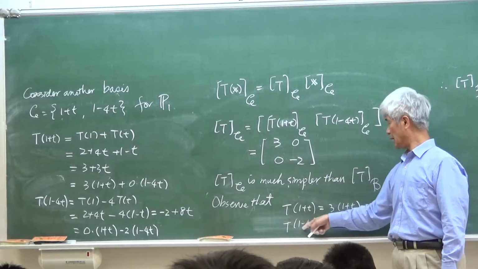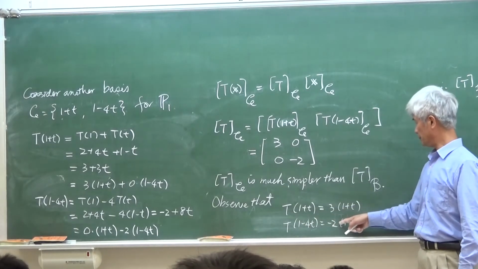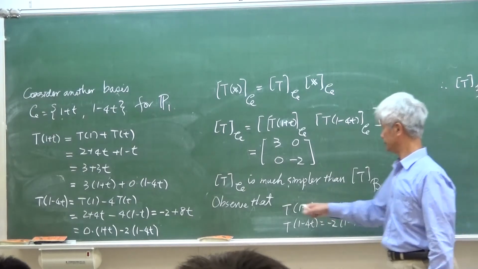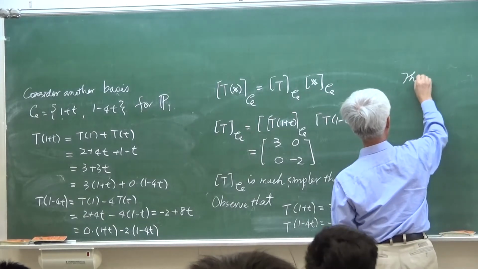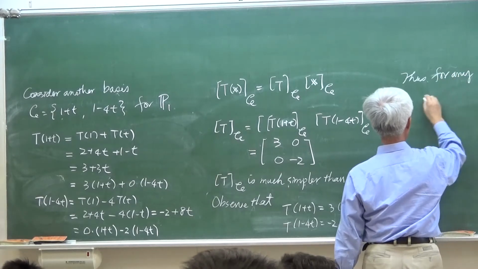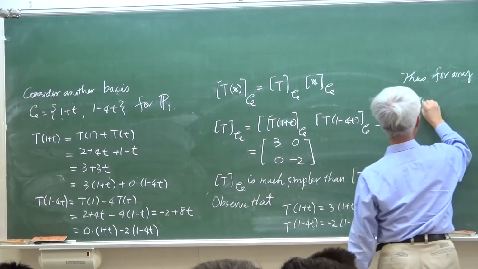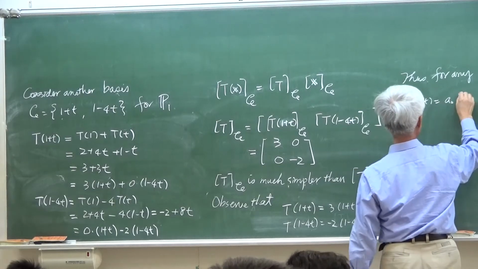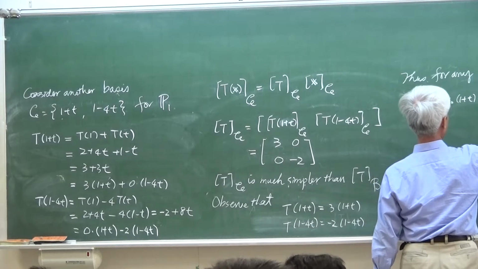The linear operator on the second basis vector is equal to a scalar multiplied with the same basis vector. So that for any p(t) in P1, if p(t) can be written as a1 times (1 plus t) plus a2 times (1 minus 4t).